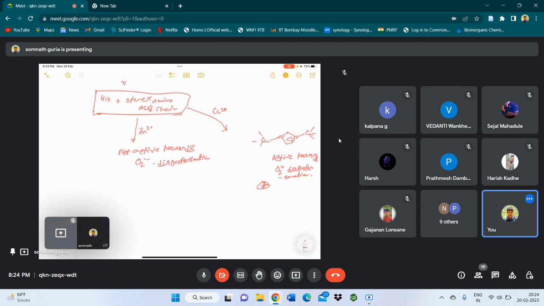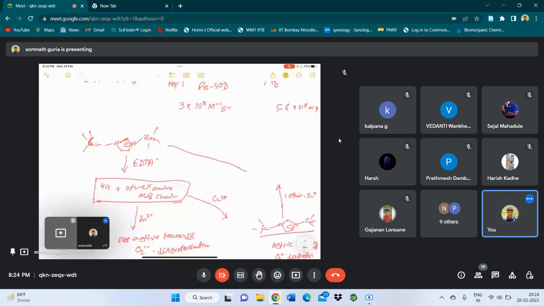Now what did they do? They treated with one equivalent of zinc 2+. Again they regenerated this system and found similar activity towards superoxide disproportionation.